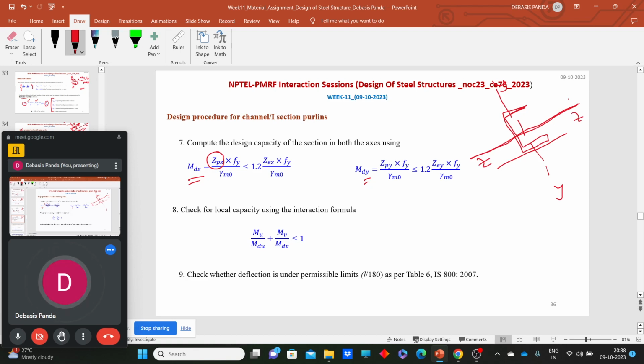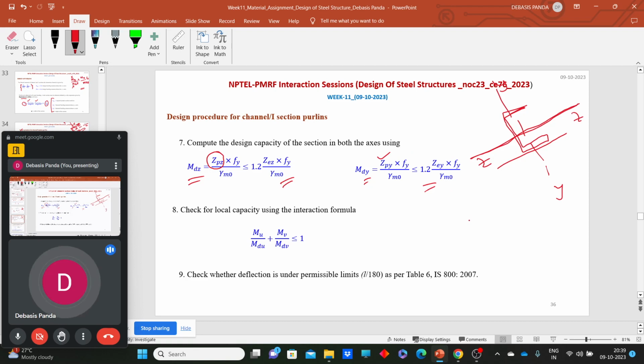For the simply supported case, the design bending capacity is considered using the laterally supported beam condition. Our code says the design bending capacity of this section should be checked against 1.2 Z e Fy by gamma m naught. About the y axis, we can calculate ZPY, and it should be less than this.